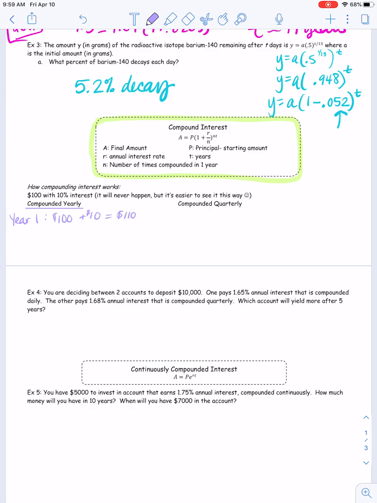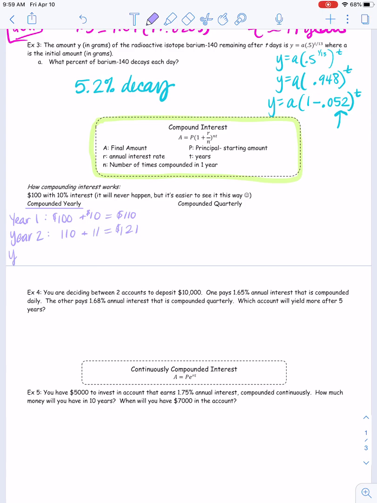So that $100 grew $10, and so we have $110 at the end of the year. So year two rolls around, and what are we starting with now? We're starting with that $110 plus the 10% on that $110. Well, 10% on 110 is now $11. So at the end of year two, we now have $121.